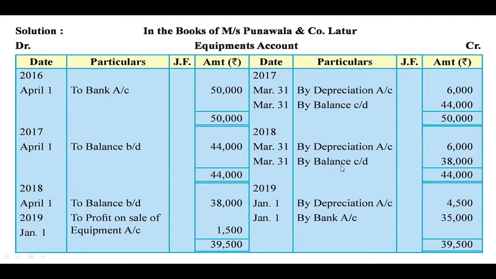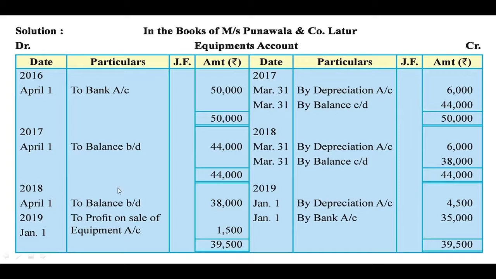This will become the opening balance in the next accounting year. And this total 44,000 is written on the same line on the debit and credit side, and after that we have to draw two lines to indicate that the account is closed for this particular accounting year. 38,000 is the opening balance on 1st April 2018.